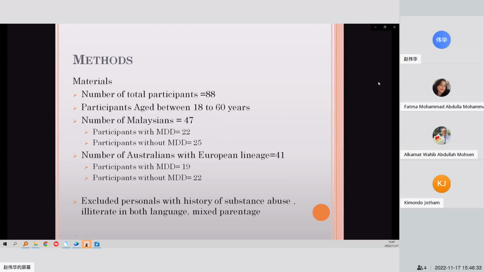Those with mixed parentage were also excluded, because this study had a background of people with Asian background as well as European background.